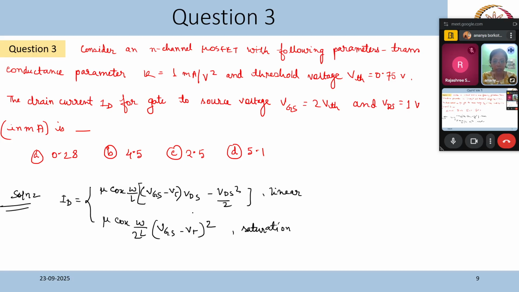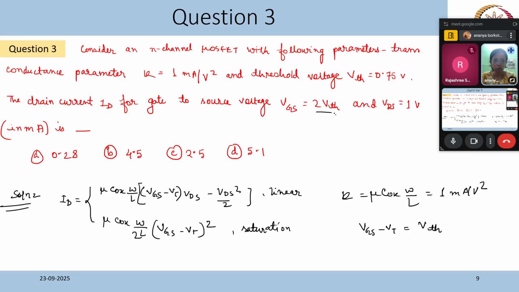So I have these ID expressions. Now which expression do I have to use? For that I should check whether the device is in the linear region or in the saturation region. Mu COX W by L is given as 1 milliampere per volt square. The threshold voltage is given, so VGS minus VT is VTH, right?